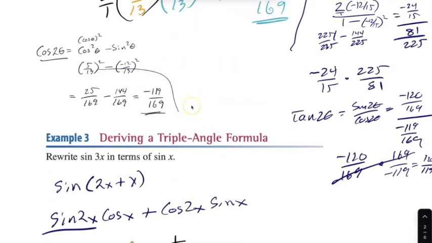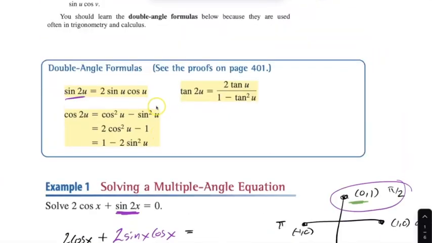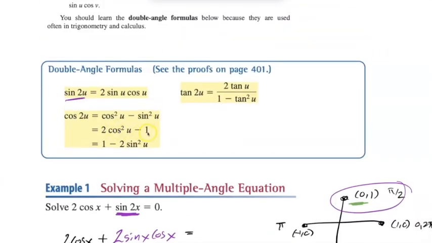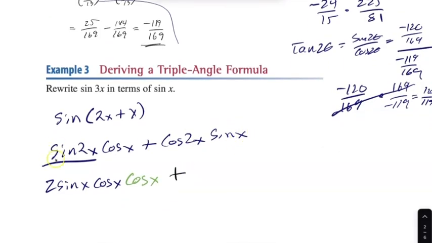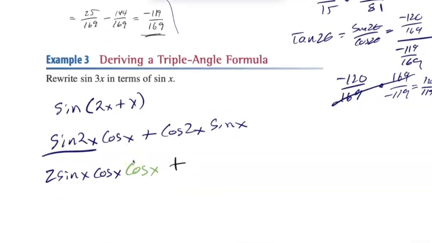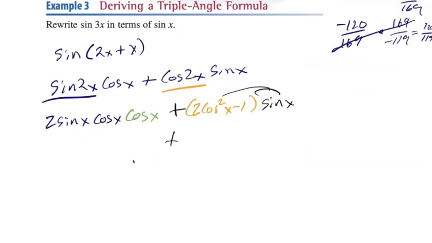Cosine 2x, you have 3 possibilities. In this case, I think I'm going to lean toward using 2 cosine squared minus 1, because this has a sine already, that had a sine already, and we need some more cosines. I'm going to change this to 2 cosine squared x minus 1. There's still the sine. Then let's distribute. I get plus 2 cosine squared x sine x minus sine x.